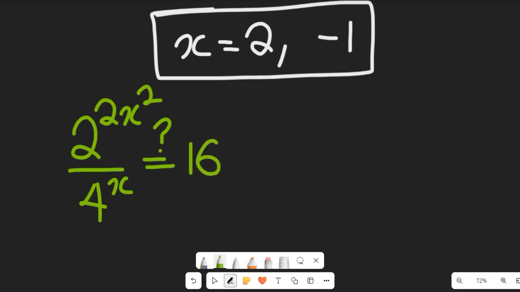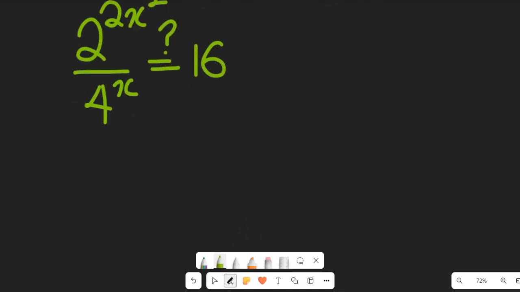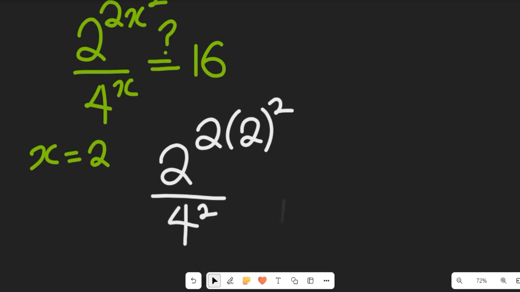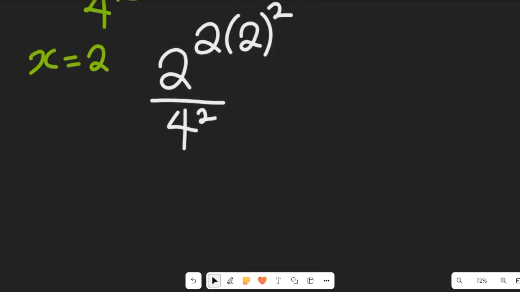Now, if we simplify that, are we going to have that value equal to 16? Let's find out. With x equal to 2, let's check. This will now give us 2 to the power of 2 multiplied by 2 to the power of 2, divided by 4 to the power of 2. Will it give us 16?